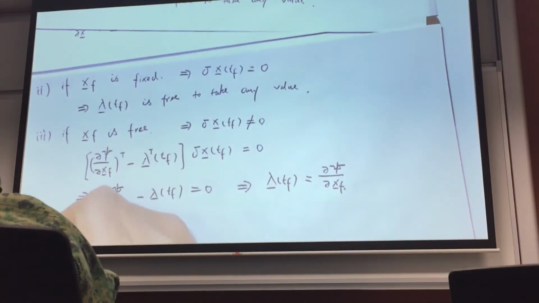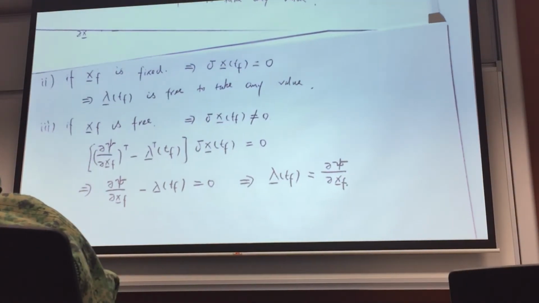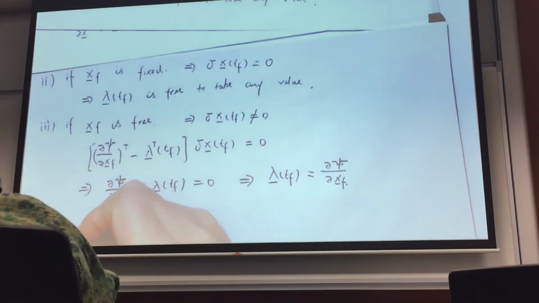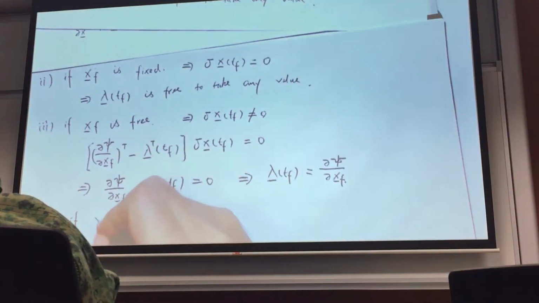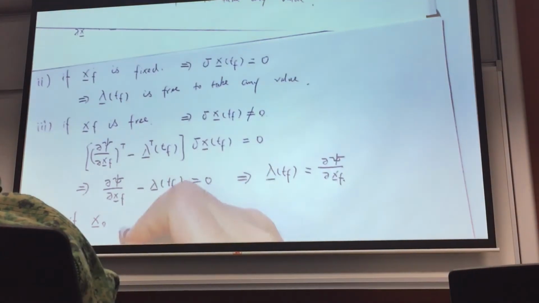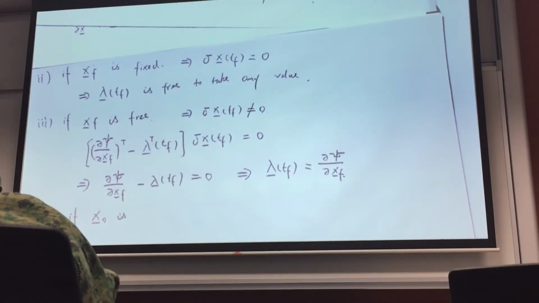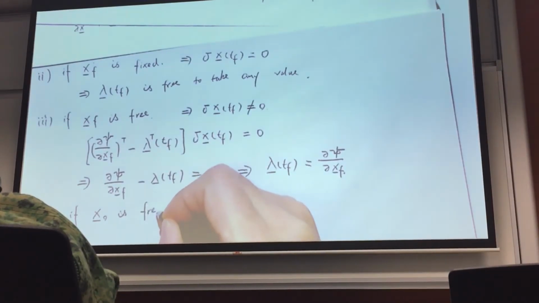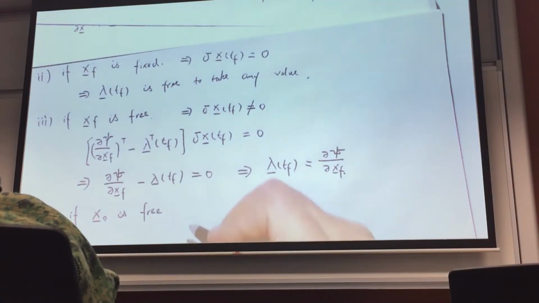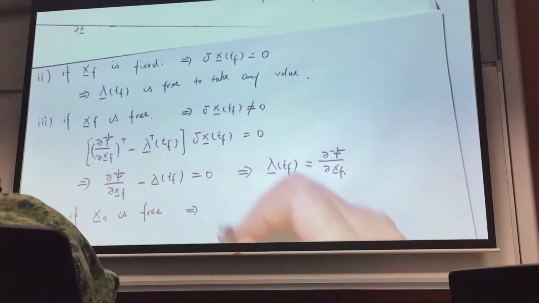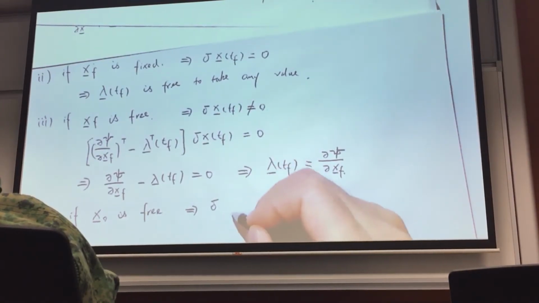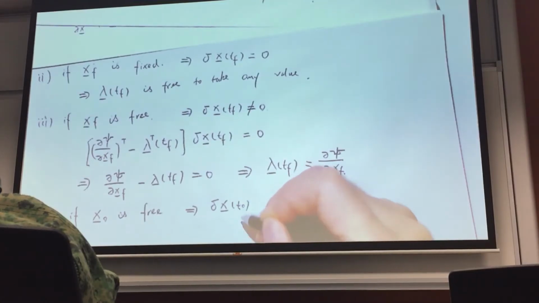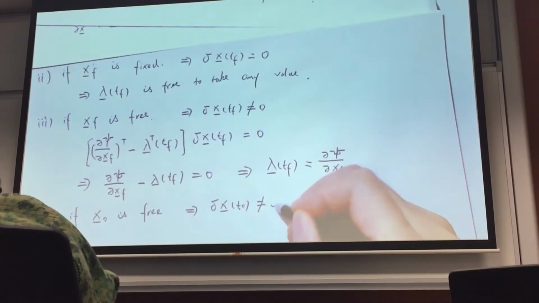So the fourth situation for the boundary condition is if x0 is not given, if x0 is free, then we have delta x0 not equal to 0.